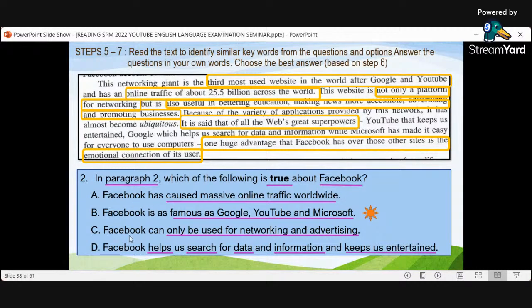Okay, it doesn't say it is only used for networking and advertising like I've mentioned just now. You have a lot of other things, and the data is for Google and information. Entertainment, yes, it's YouTube. So D is out. The only answer left is B. Okay, right.